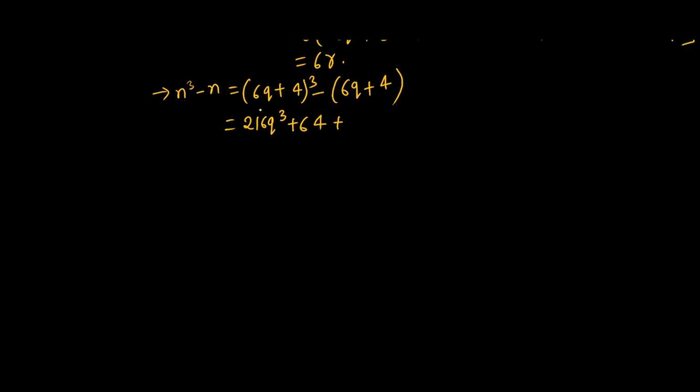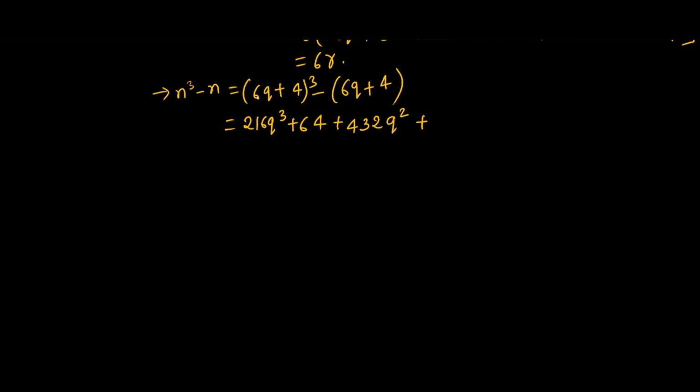So a square is 36. 36 into 3 is 108. 108 into 4. 8 into 4 is 32. 3 and 4. 432 q square plus 3ab square. 3 times 6 is 18. 18 into 16.